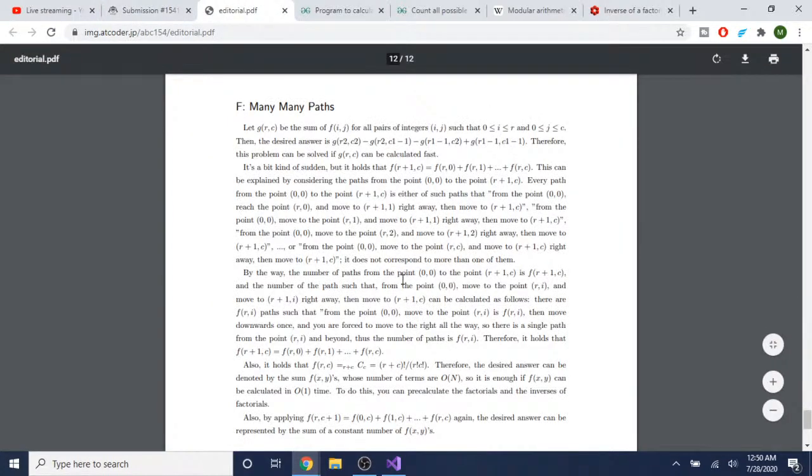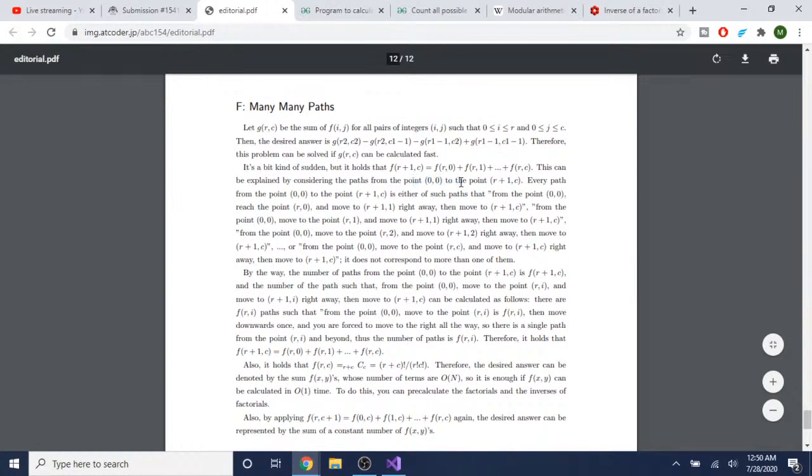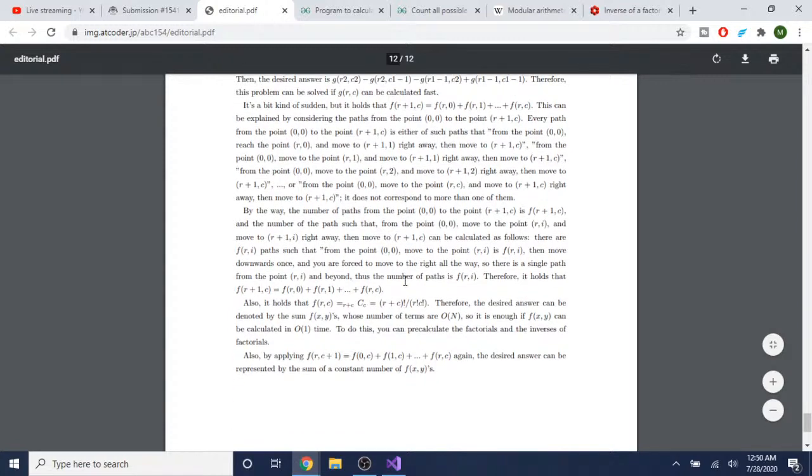So in the editorial, remember, they said that you could loop from R plus 1 to C, right? The function R plus 1 C, which is the number of paths from 0, 0 to R plus 1 C, is actually equal to f of R0 plus f of 1 up to f of RC.